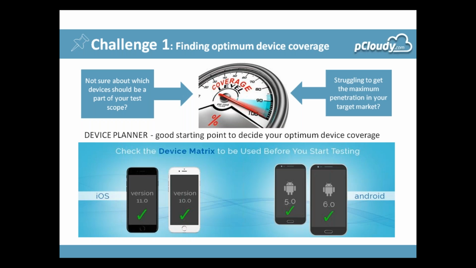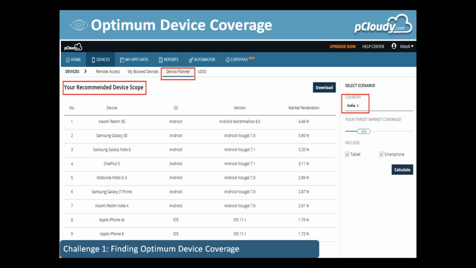Using Device Planner, the data around devices along with their network penetration is available on a single click. So you can select the country and select the market coverage that you are looking at, and you can get the list of potential devices that you should prioritize when you plan for your testing.